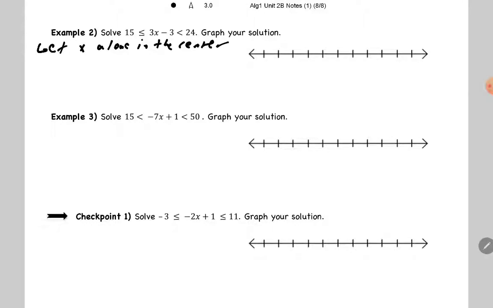So now we have two inequalities, right? We have three sides to this: the center, the left, and the right. We do it the same way. I'm trying to get x by itself, so I'm going to get rid of this -3 by adding 3 to all sides.